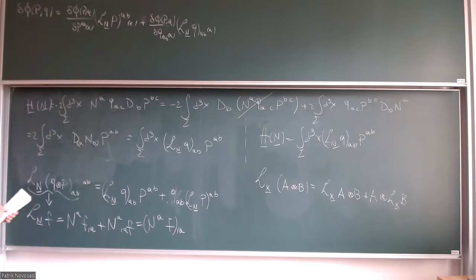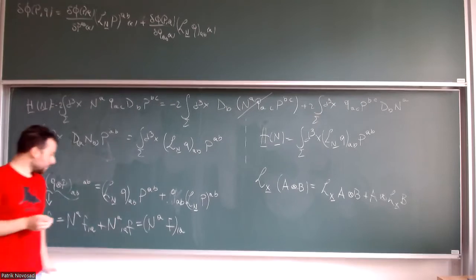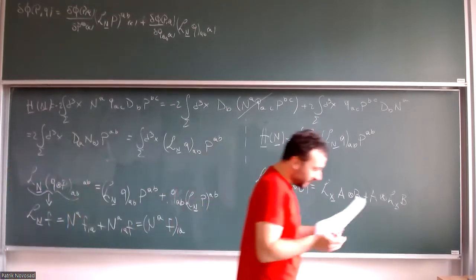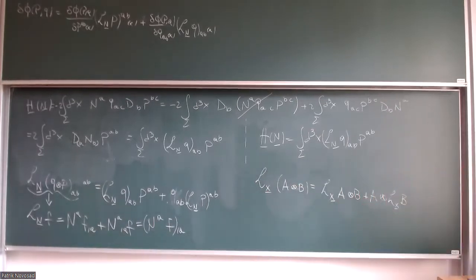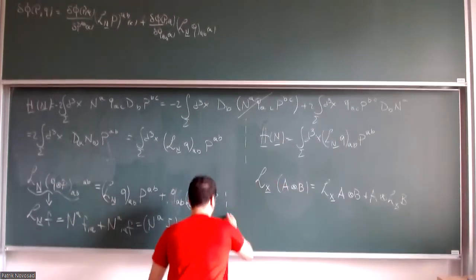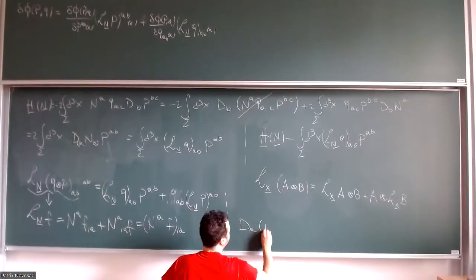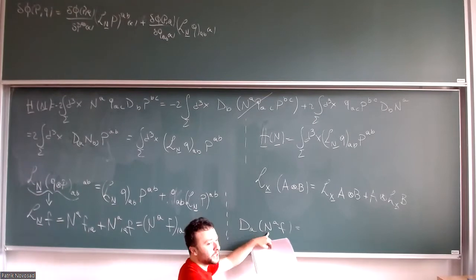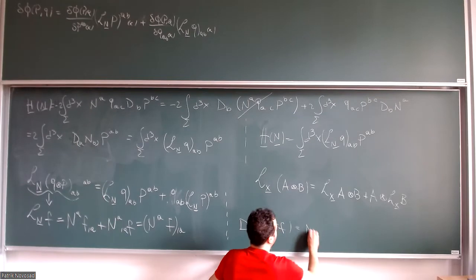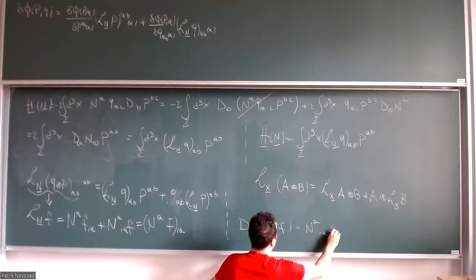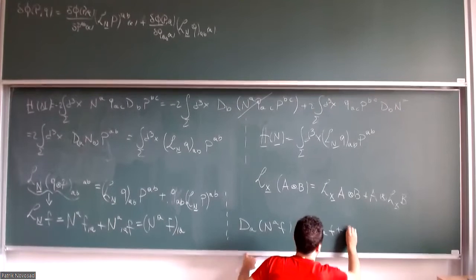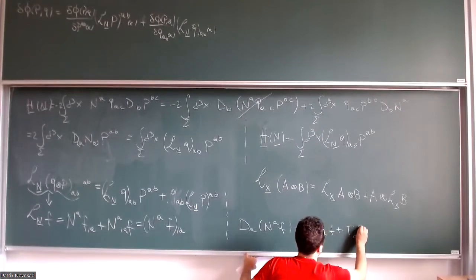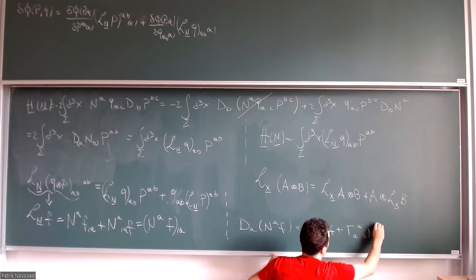And the answer is yes, because when we have the covariant derivative dA on NA f, then actually it's the covariant derivative on NA, that's NA comma A f plus gamma A A B and B f.